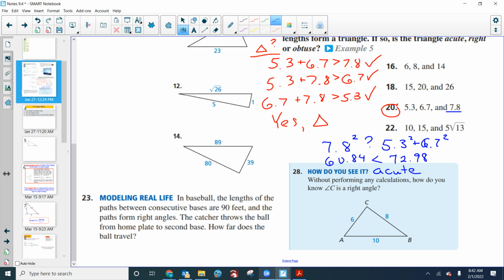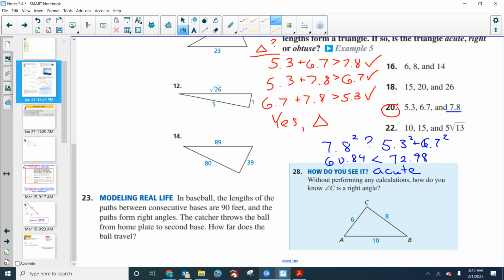Just test it out. Is 10 plus 15 greater than 18.03? Yeah. Is 15 plus 18.03 greater than 10? Yeah. And the last one, yes, it'll work out.